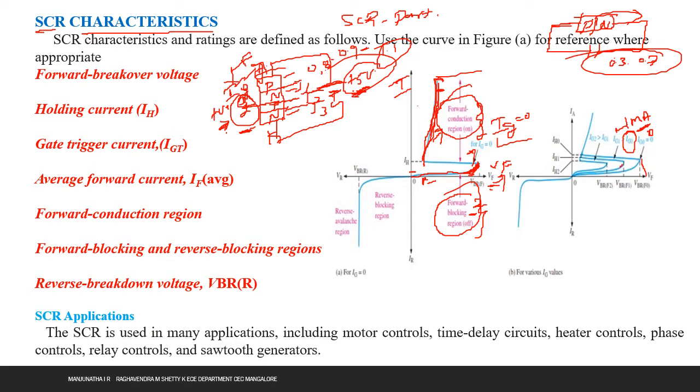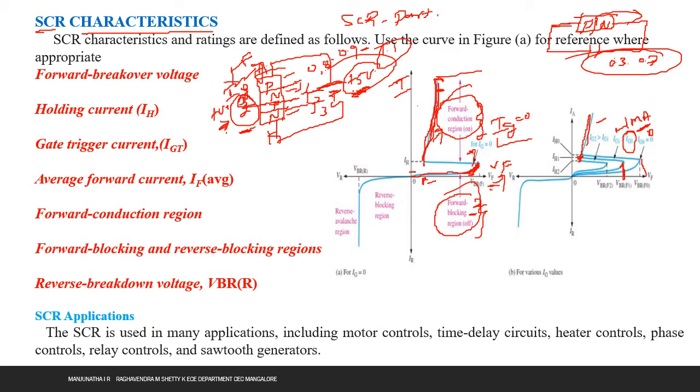Since we are taking help from the gate current, it breaks down earlier as compared to Ig0. Once it is broken down, for a small value of forward voltage we are able to see the SCR in conduction mode. There is a drastic change in the current across the SCR.